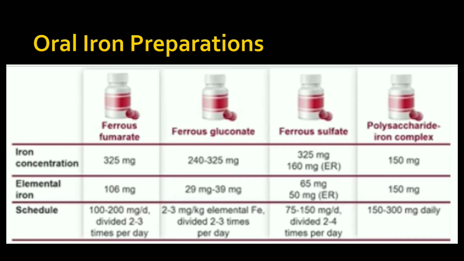Coming to ferrous sulfate, it contains a total iron concentration of 325 milligram, but it is said that the elemental iron in ferrous sulfate is 50 milligram. Examples of ferrous sulfate are Ferrate and Fefolate, which contain about 65 milligram.